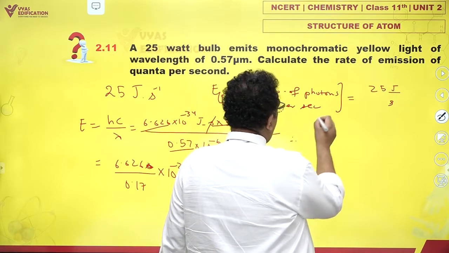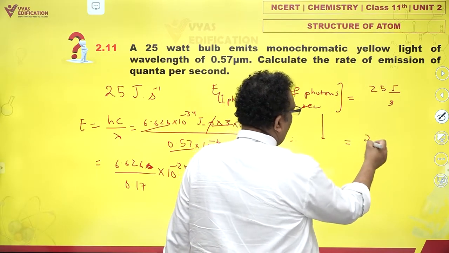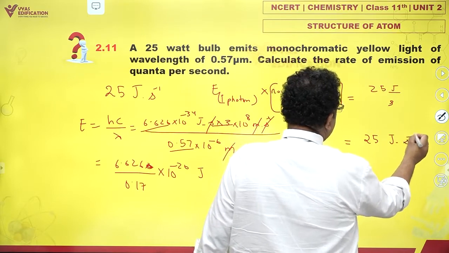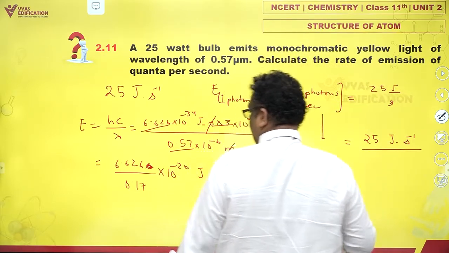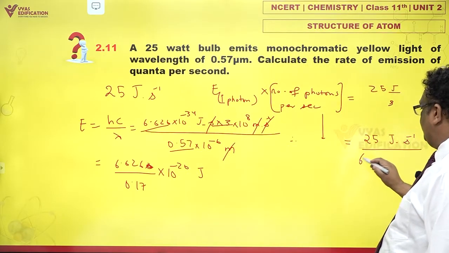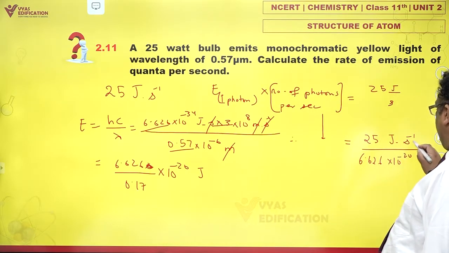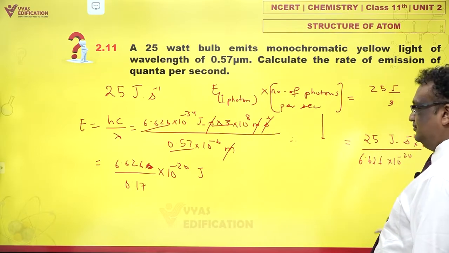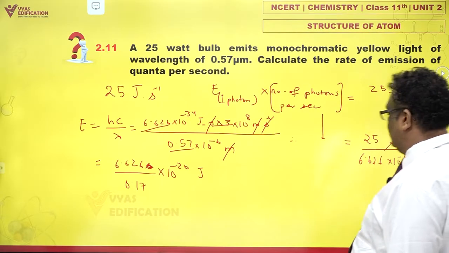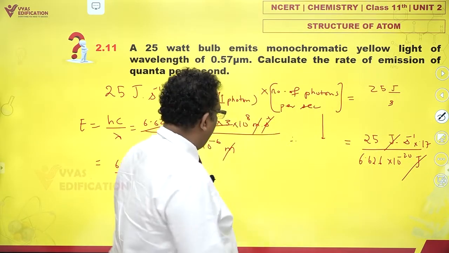Let me substitute this here. Therefore, the number of photons per second is equal to 25 joules per second divided by this energy, 6.626 into 10 to the minus 20 into 0.17 joules. Okay, lovely.